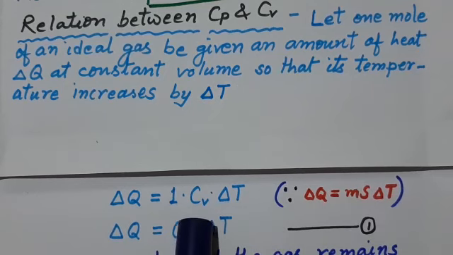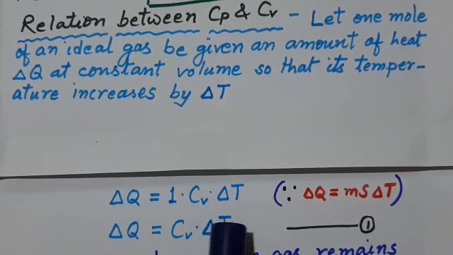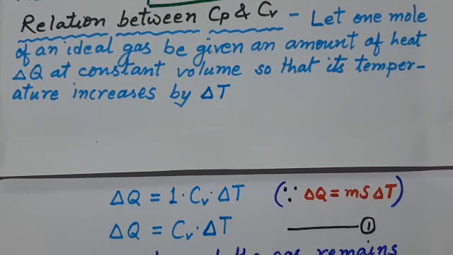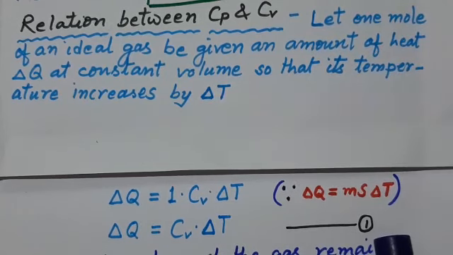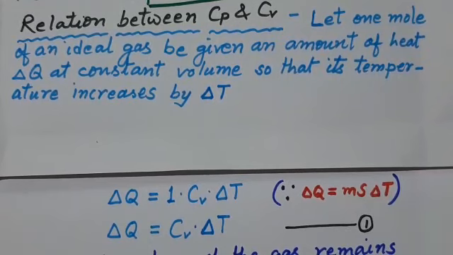And specific heat at constant volume, that is Cv, then Cv into delta T. Now this delta Q equal to Cv into delta T. This is equation number 1.